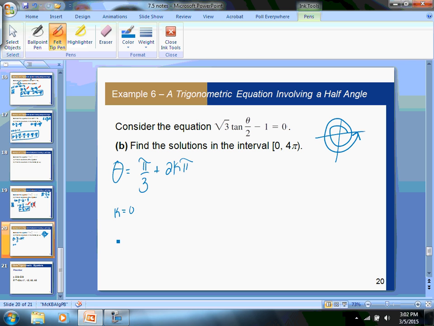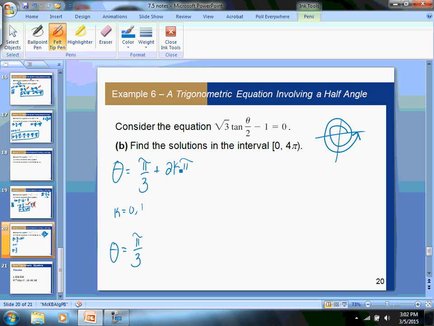Okay. So I always start with k equaling 0. And basically, when I substitute that in, I just get the pi over 3. I get the principal solution that I started with. Okay. And if I tried k as 1, if I put a 1 in here, then I would have 2 pi.